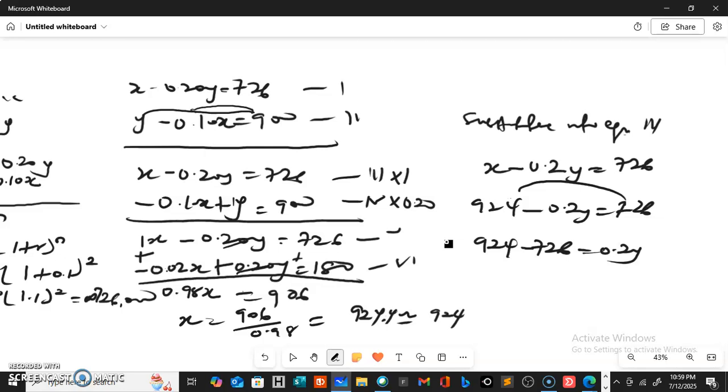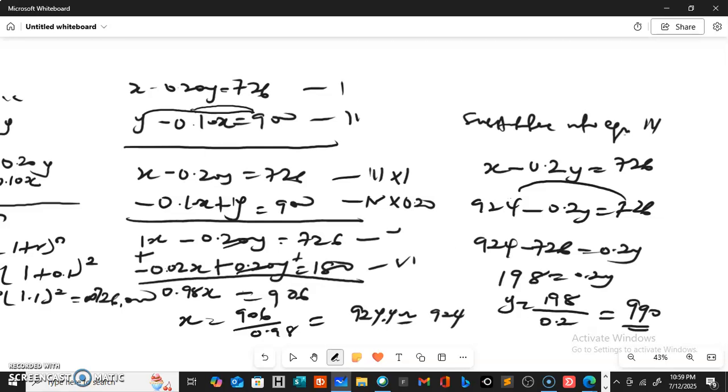That gives us 198 equals 0.2y. So y equals 198 over 0.2. Let's calculate 198 divided by 0.2. This is going to give us 990.